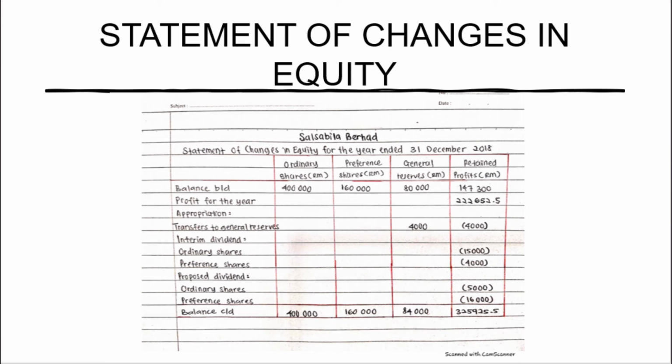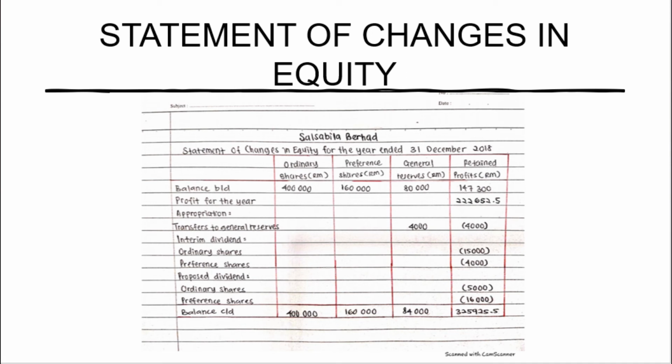For the amount of profit for the year, it is 222,652.5, and put that amount into the retained profit column. That amount is taken from the statement of comprehensive income, that is profit after tax.